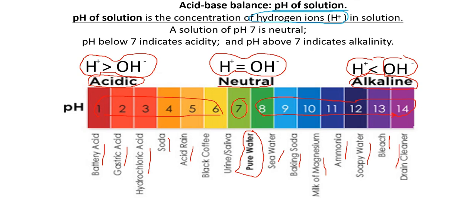Usually in the lab, we have this paper, and if you dip this paper in the solution, it can change color. So if the color, for example, will be like this, you will say, oh, this is pH 7. This is the litmus paper.